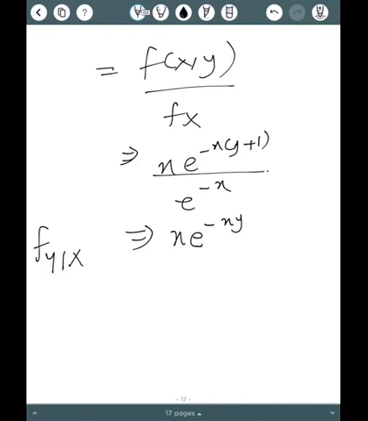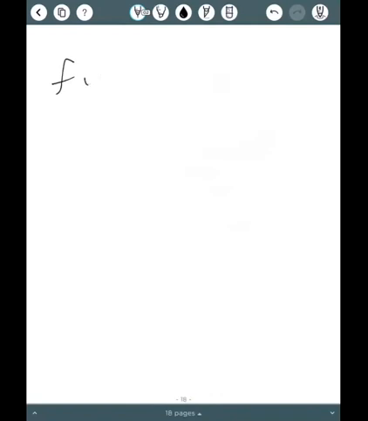Likewise हमें x given y निकालेंगे, लेकिन उसके लिए हमें marginal of y निकालना पड़ेगा। Marginal of y निकालने के लिए again we will be using the joint PDF, which is x e minus x y plus 1, and we'll be summing it over all the x's.